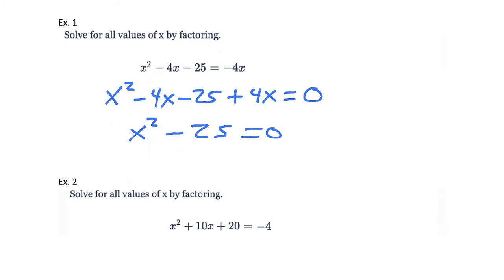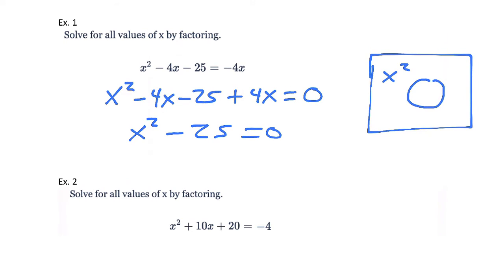To factor this particular one, you got x squared here, you got 0x here, and you got 25 here. So now I'm looking for two numbers that multiply together to get negative 25, but add to get 0.